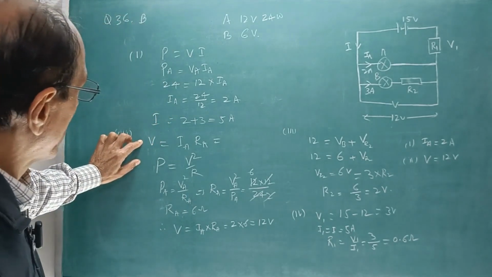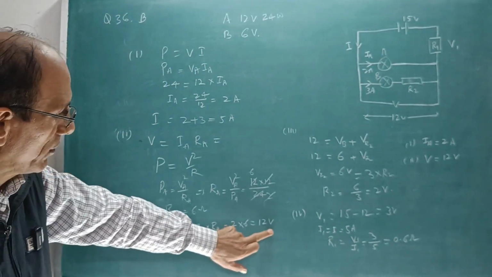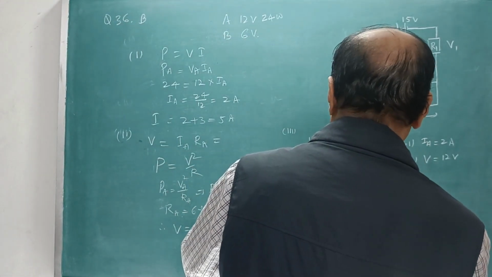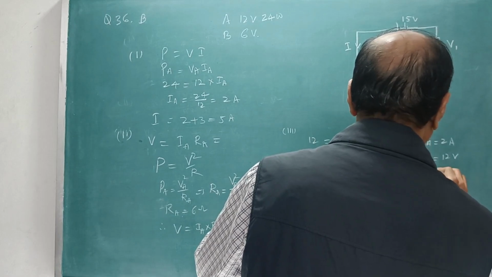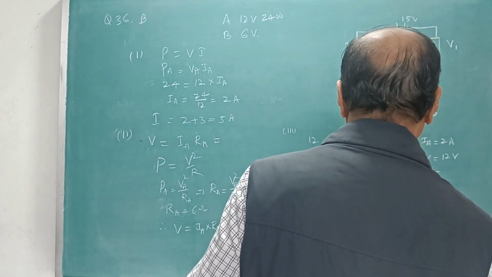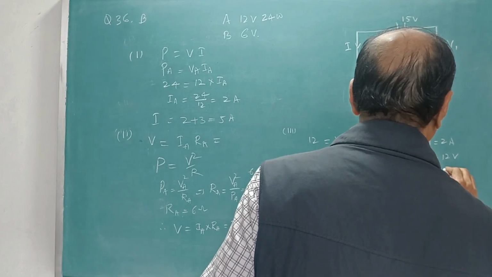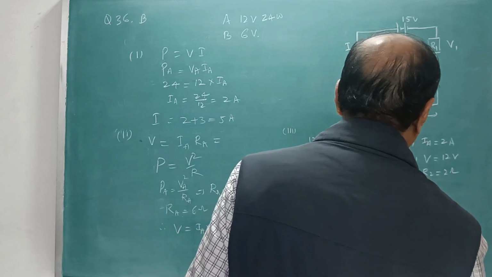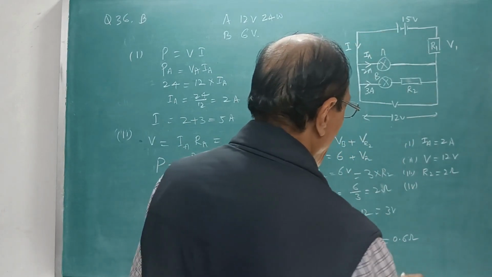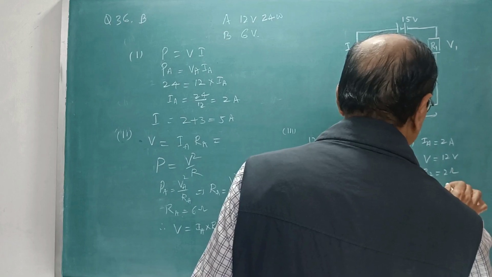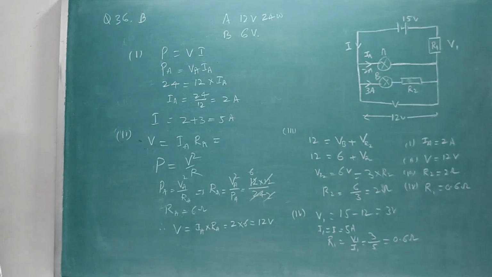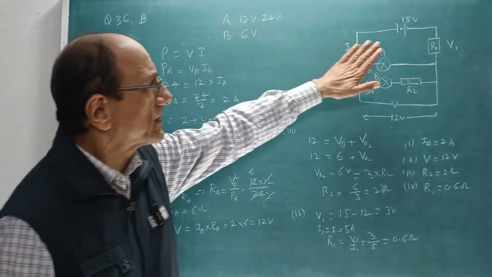And third is R2 equals 2 ohm. And fourth is R1 equals 0.6 ohm.